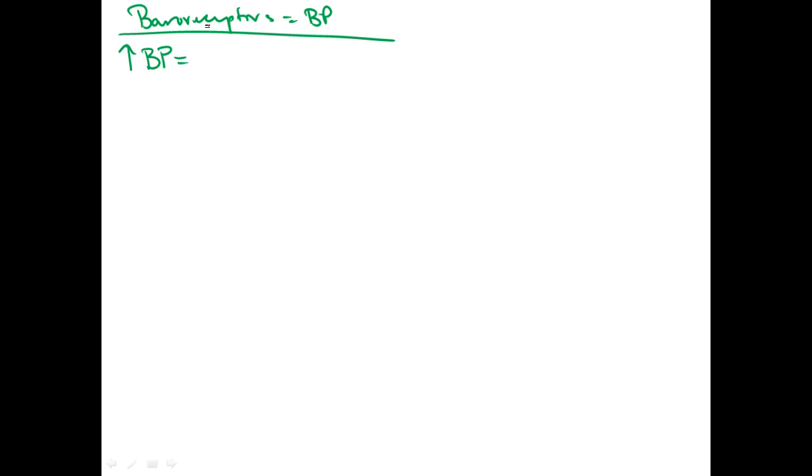In this case, we need to decrease cardiac output. We do this by increasing parasympathetic stimulation, while at the same time decreasing sympathetic stimulation.